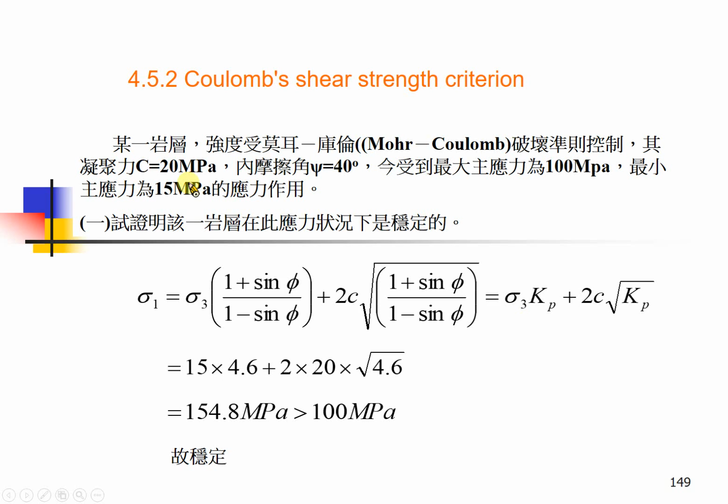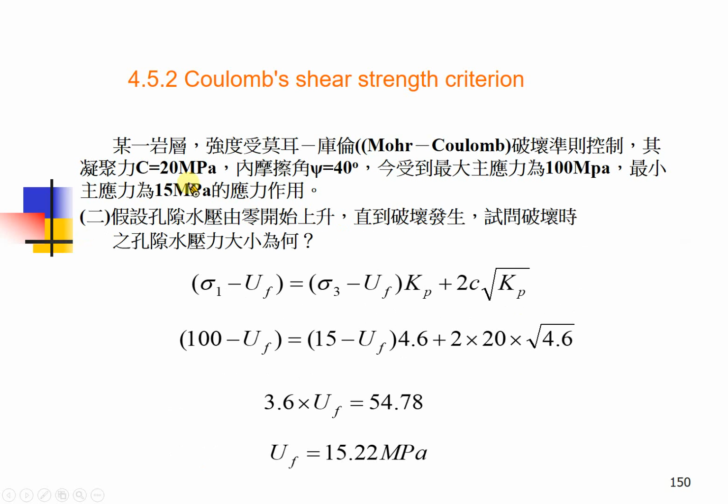Okay, to solve these 3 questions, you can use the equation shown in the slides. It will be very easy and very simple. You can quickly get the calculation. And when the pore pressure rises, what will be the pore pressure to make the rock break or fail?